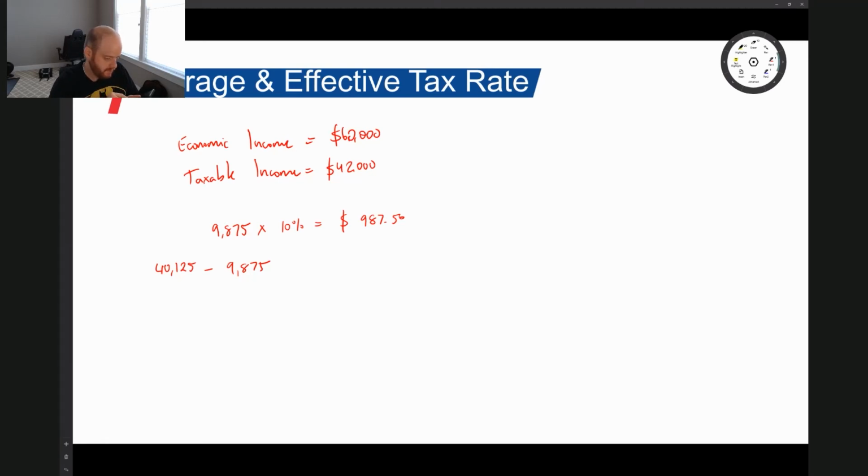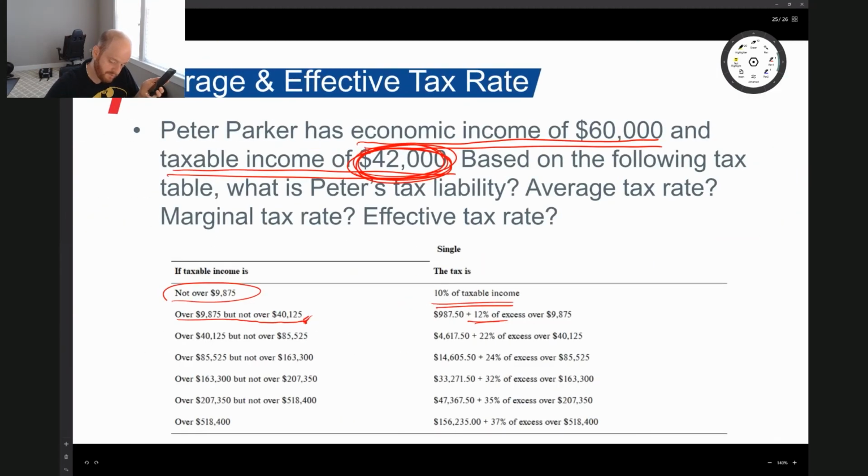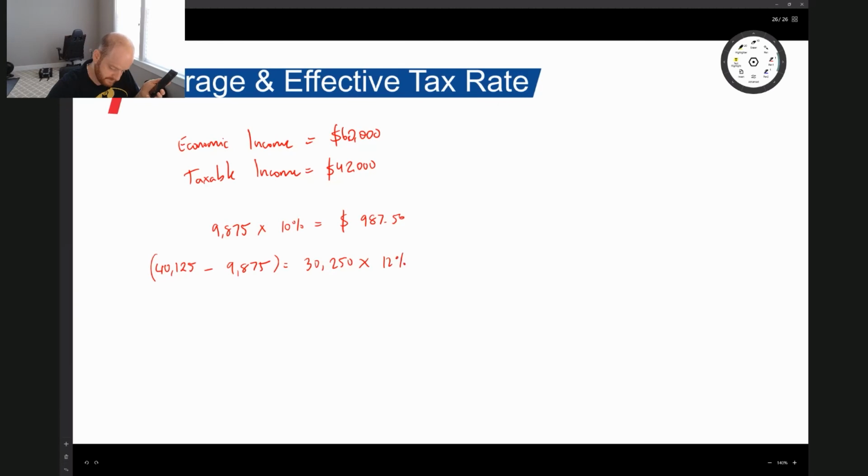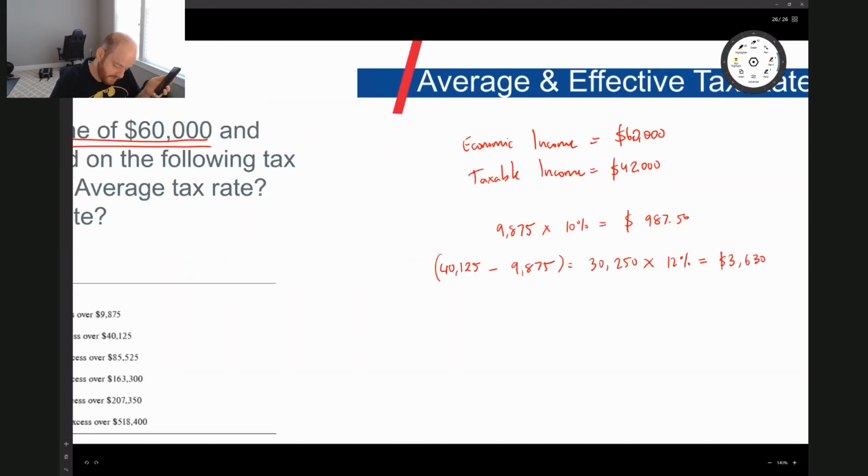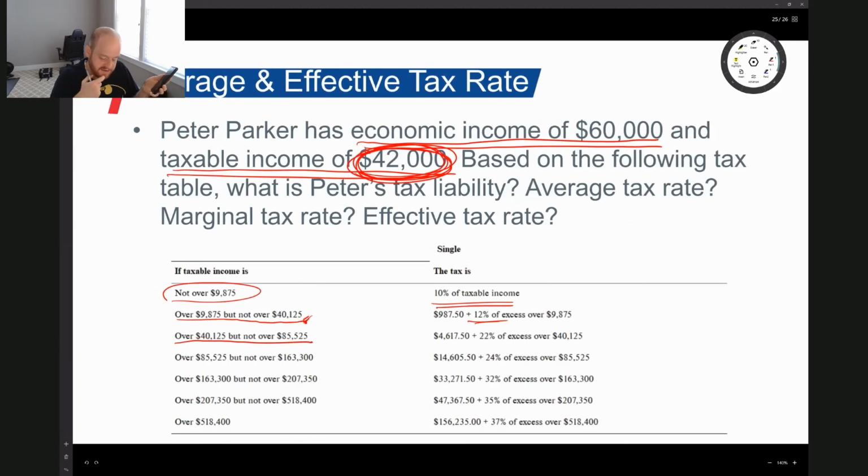So 40,125 minus 9,875, we get $30,250, which is taxed at 12%. So multiply that by 12%. We get $3,630.